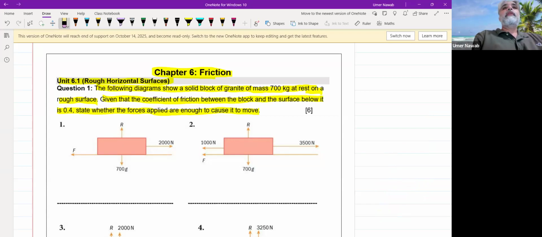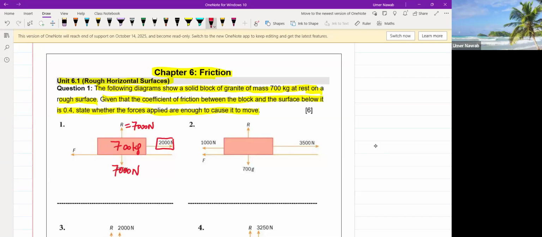The first case: I have a 700 kg mass, so obviously the weight will be 7,000 newtons, and my reaction will also be 7,000 newtons. Since it is at rest, 2,000 will be equal to F. So the friction, if it is not moving, F is equal to 2,000 newtons.